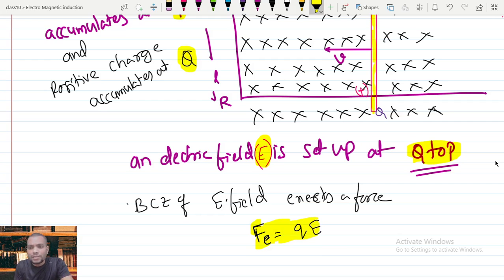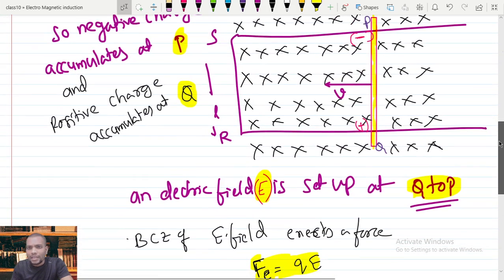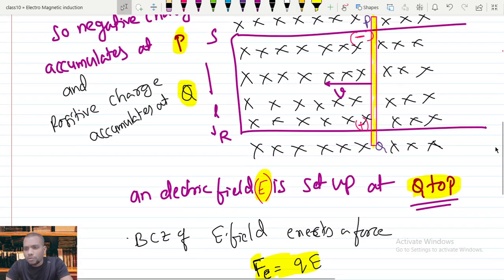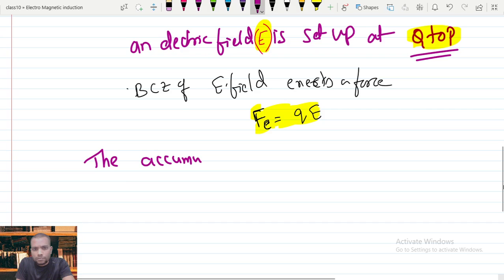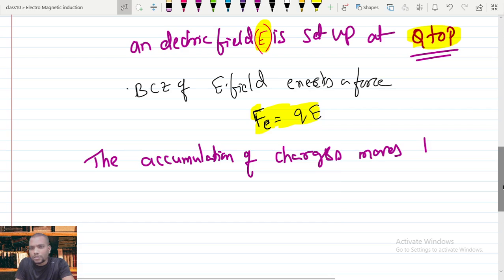Now the accumulation of the charges at the two ends, from the P end to Q end, they will continuously move. How long will they move? The accumulation of charges continuously moves till the two forces are balanced.